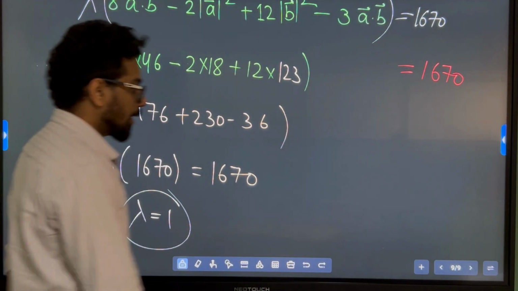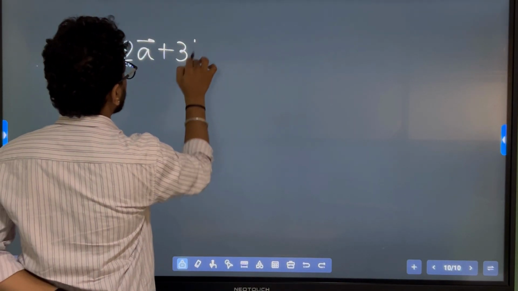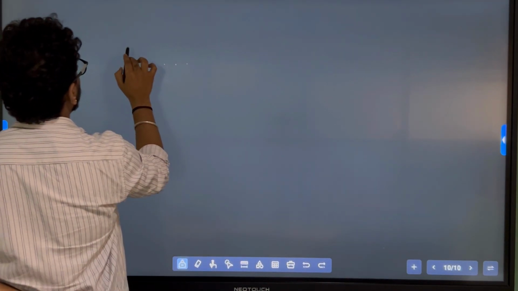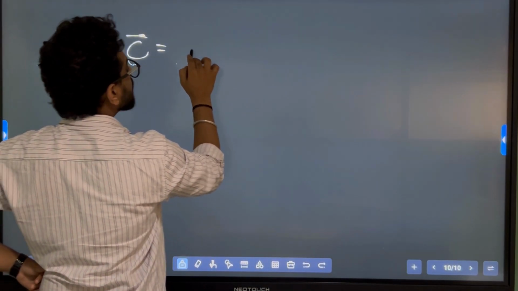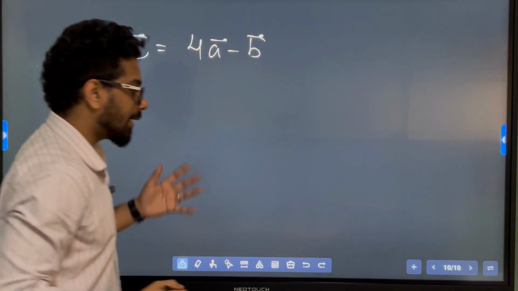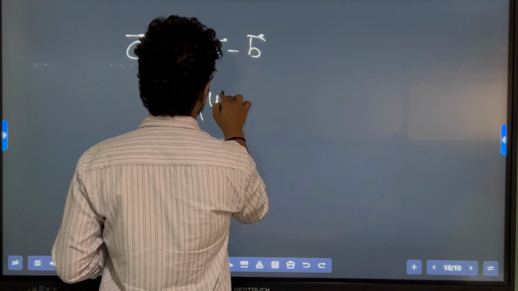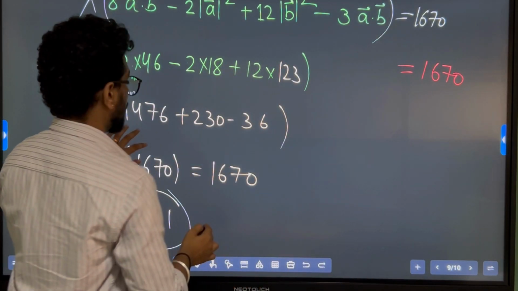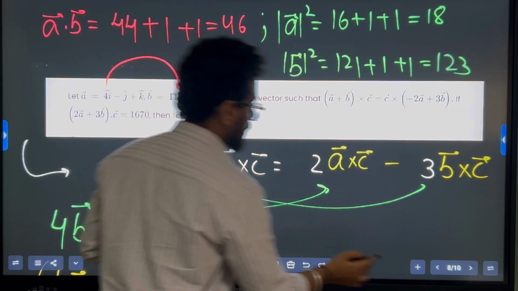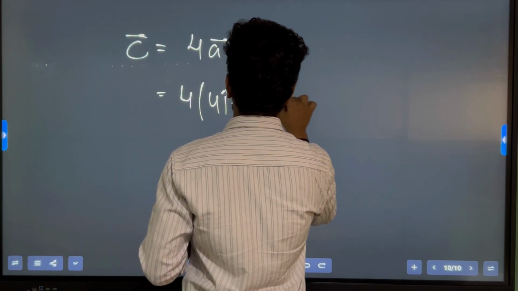That's all. Now, last part again, we are having 2a plus 3b dot... or directly we can say that c vector is lambda times of, lambda is 1, so 4a minus b. Now, what is 4a minus b? So this is equal to 4 times 4i minus j plus k.